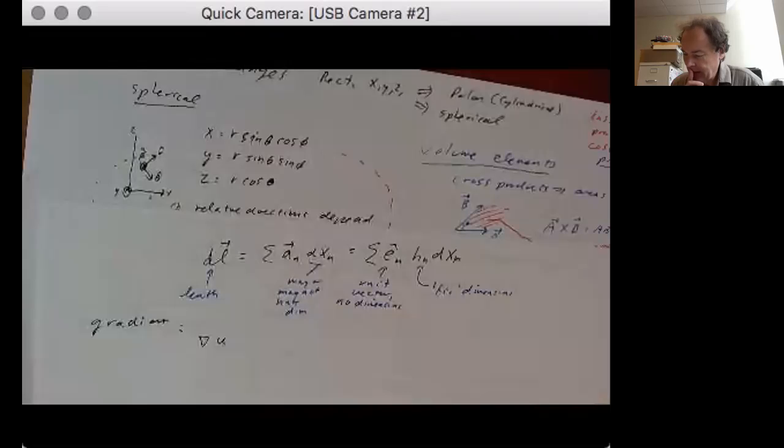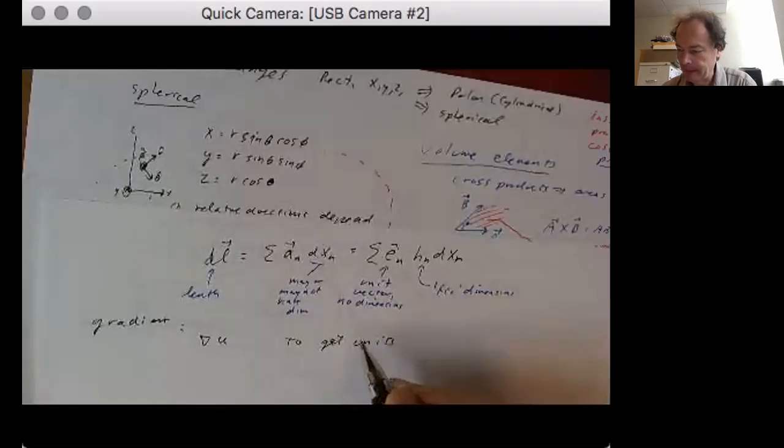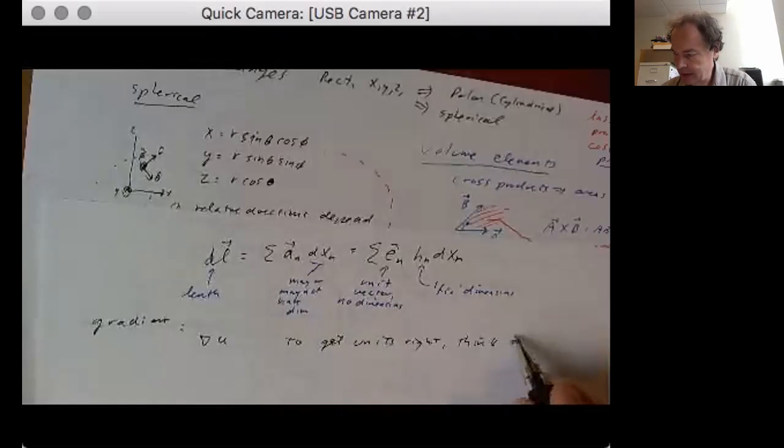We like to think this is sort of, to get the units right, du over dl, right?